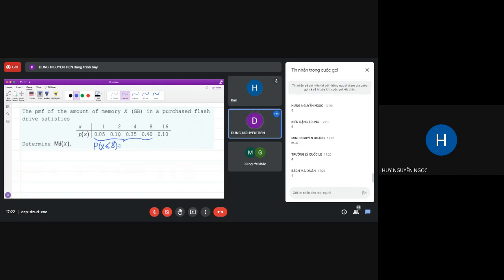Let me see, 0.45, 0.9, right? And for this, you get the probability that x is greater than or equal to 8. That would be 0.5, right? So I can conclude that the median is also 8. Okay.